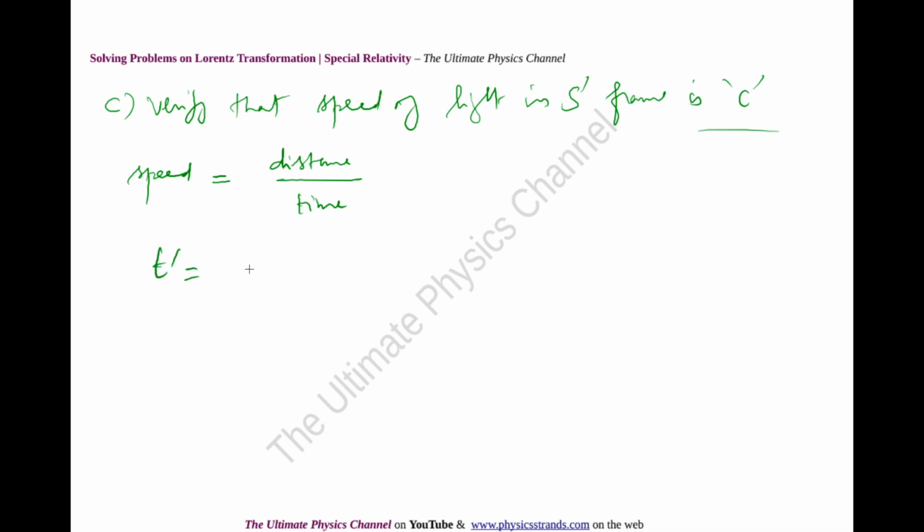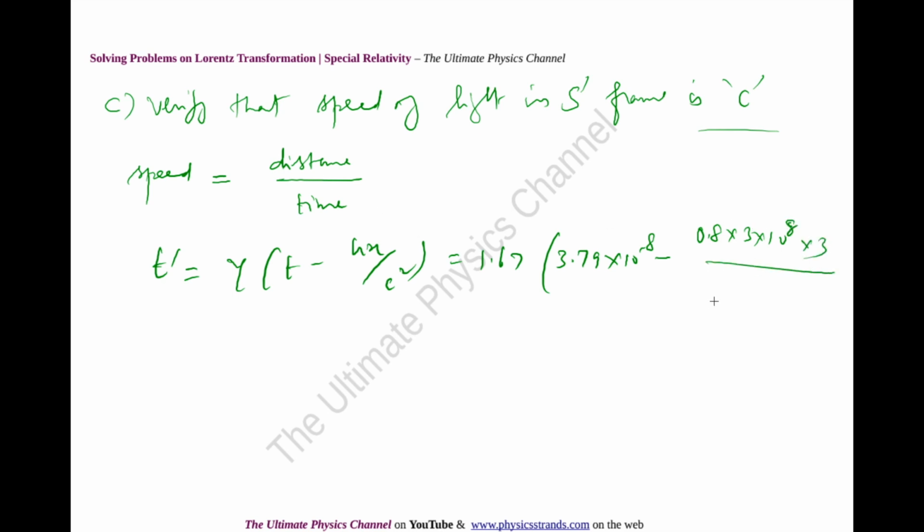T prime is equal to, we haven't calculated that, that is gamma times t minus u x over c squared, and that is 1.67 is gamma times our t is 3.79 into 10 power minus 8 minus 0.8 into 3 into 10 power 8 into our x given in the question as 3 over 3 into 10 power 8 whole squared.